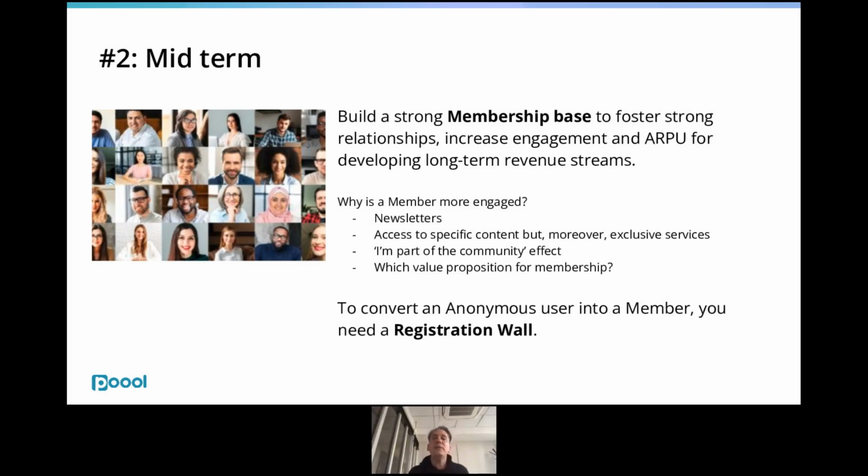So you really have to think about your value proposition for membership. Don't just jump into membership and put up a wall saying get an account so that you can read. That's really an important step to convert an anonymous user into a member. And for this, you need the registration wall.